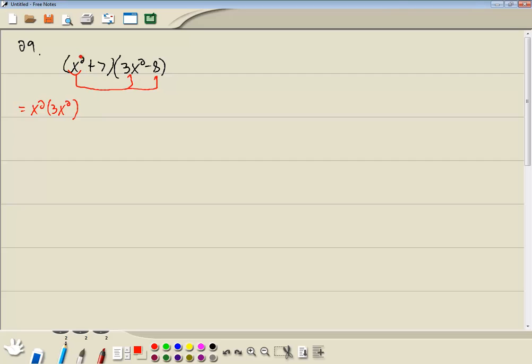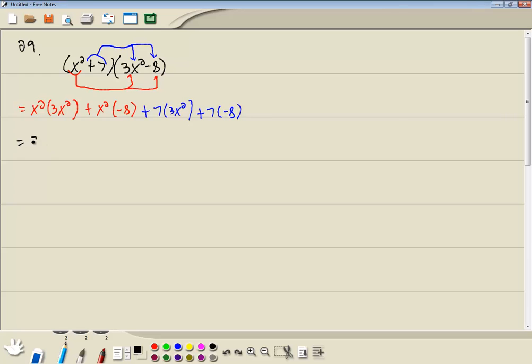And then we'll take the x squared times negative 8, that's the outer. So we've got x squared times negative 8. And then we're going to take this 7, the second term in our first parentheses, multiply times our first term over here and times our second term. So we'll take 7 times 3x squared, that's the inners. And then I'll take 7 times the negative 8. Those are our last parts.